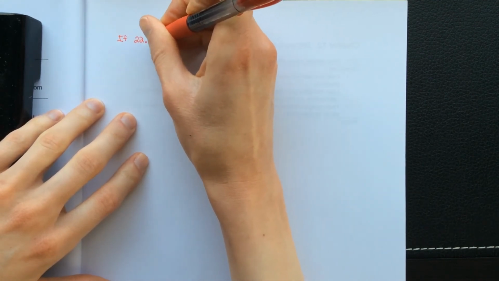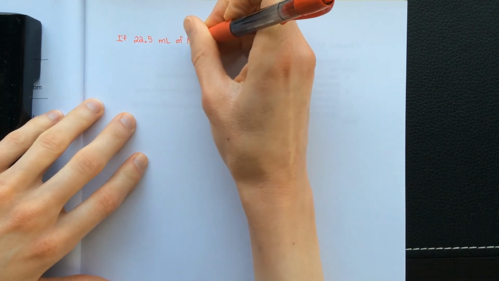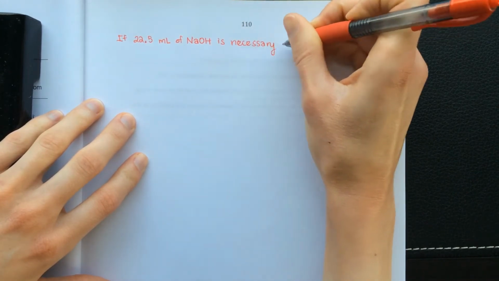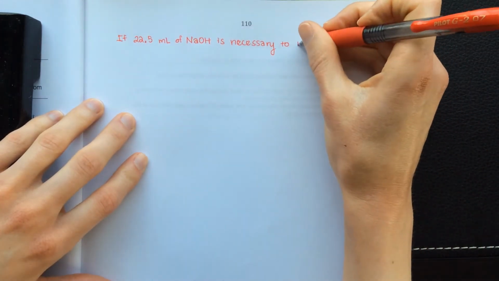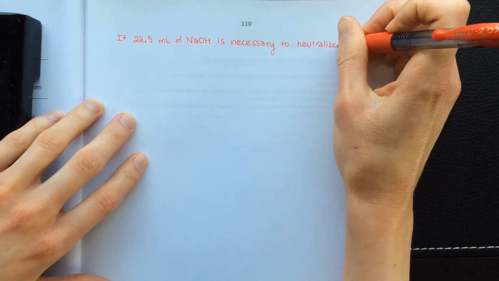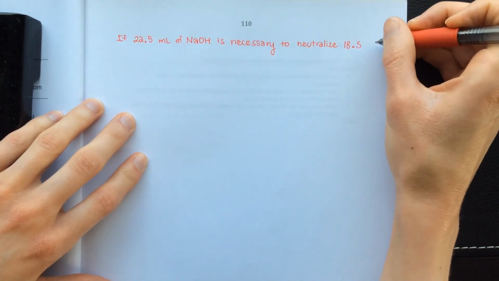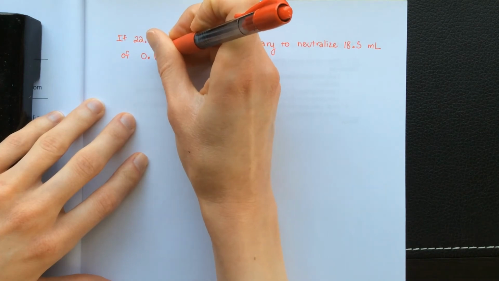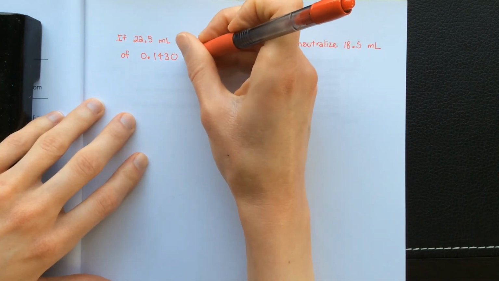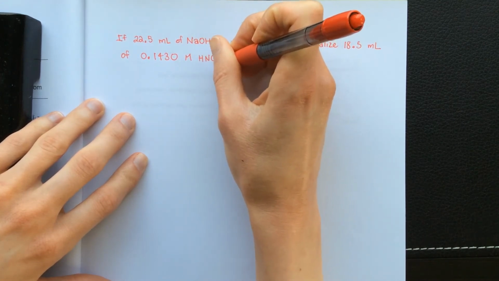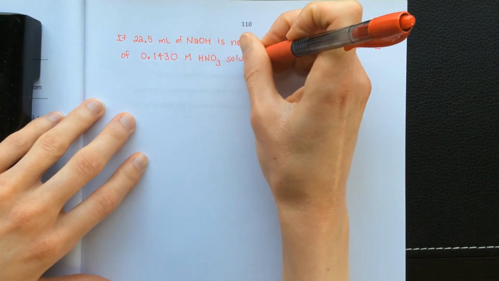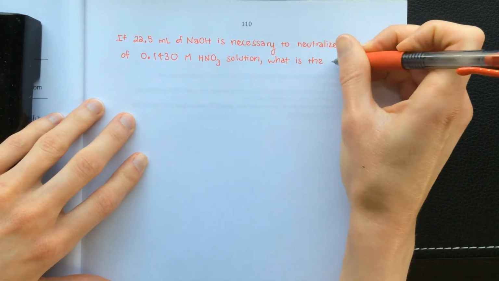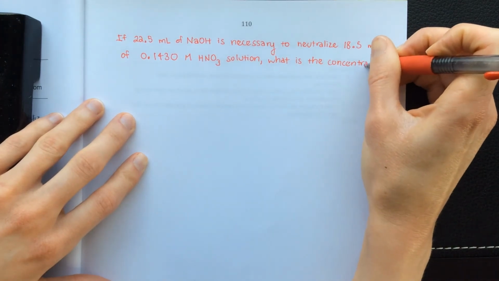The problem is: if 22.5 milliliters of NaOH is necessary to neutralize 18.5 milliliters of 0.1430 molarity HNO3 solution, what is the concentration of NaOH?